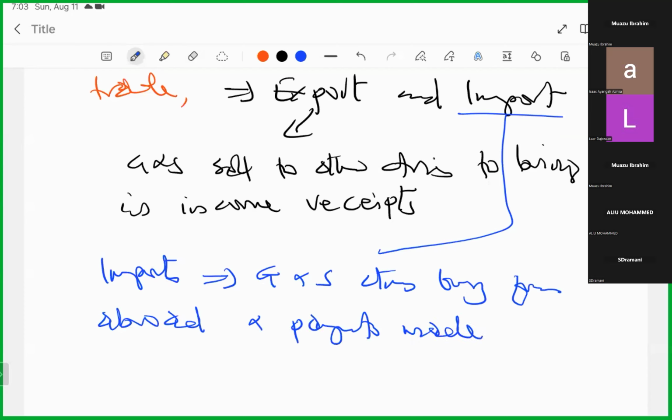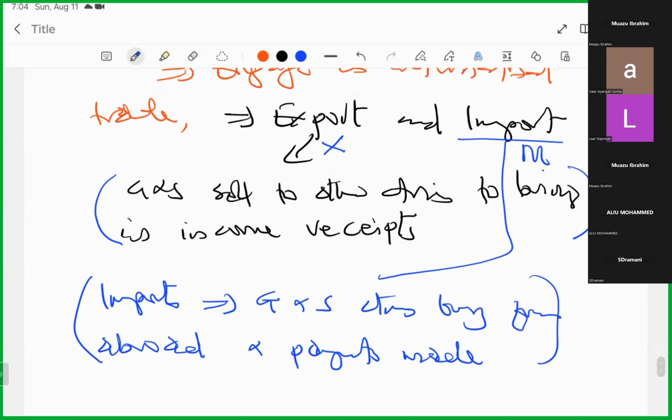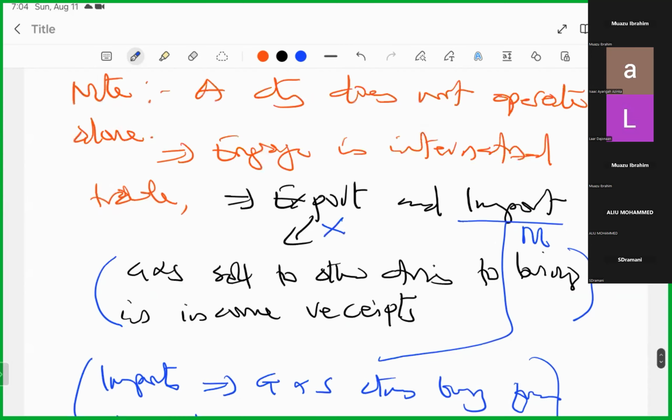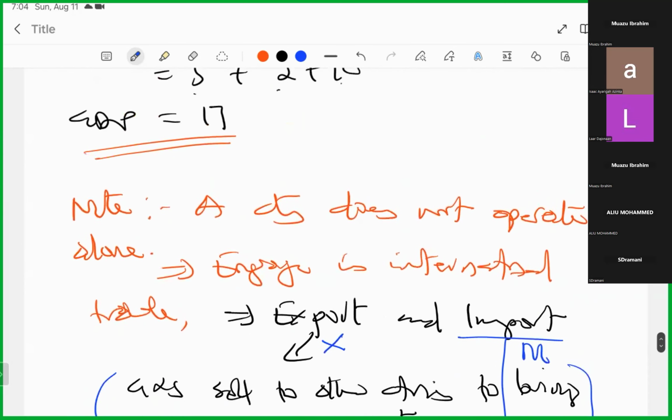So in this case, we have what is called the factor income, because here we are bringing in some income, and then here we are making some payments. So we have our exports, and then we also have our import. This is the external sector. So here we are looking at the role of the external sector.